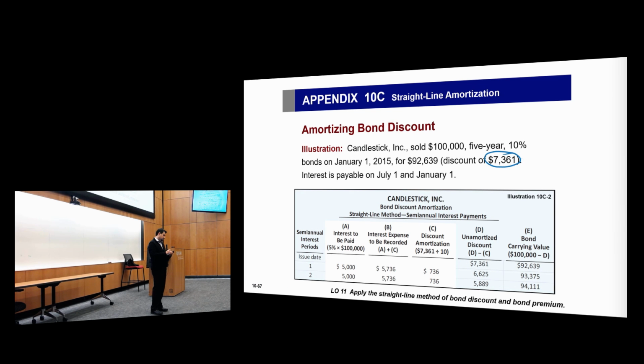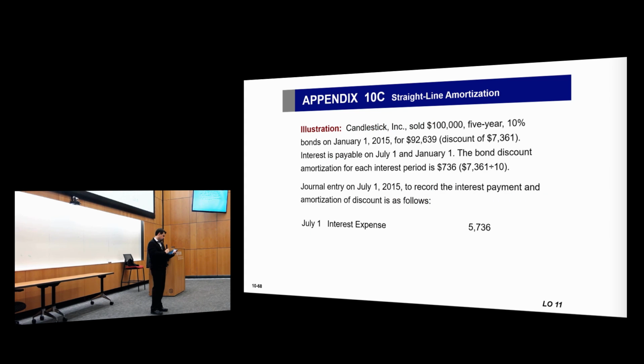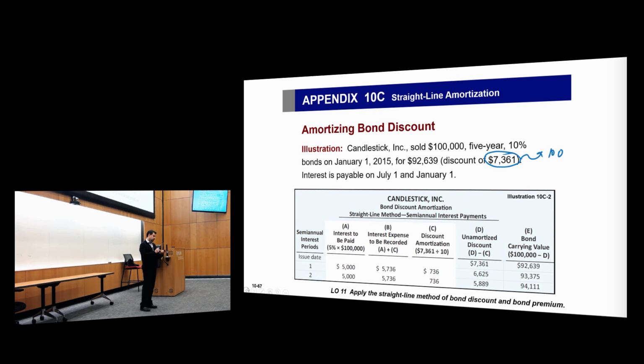So this is equal to 100,000 minus this amount.